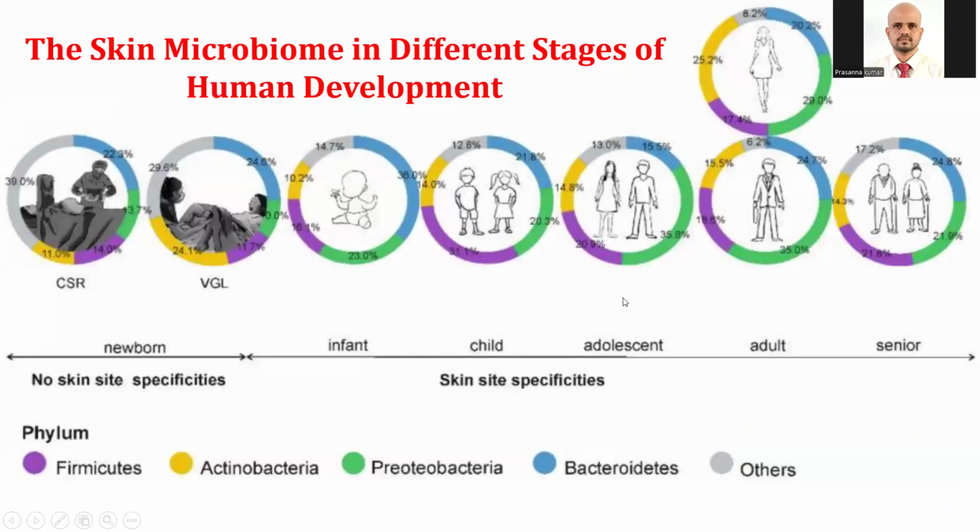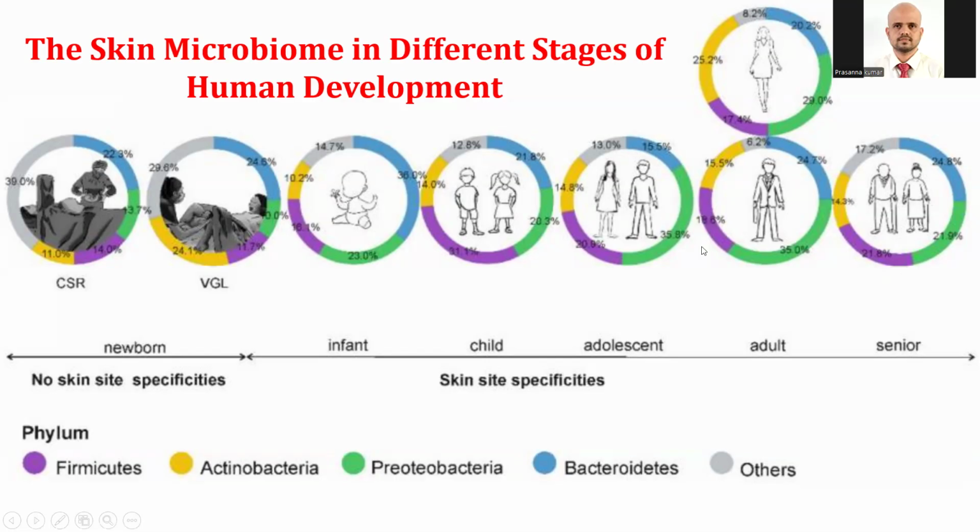I also know now that from newborn to deathbed, the microbial flora tends to change. The composition is also changing here. The violet is purple, yellow color is actinobacterial composition, green is proteobacteria, blue is bacteroids, and others make the gray area.